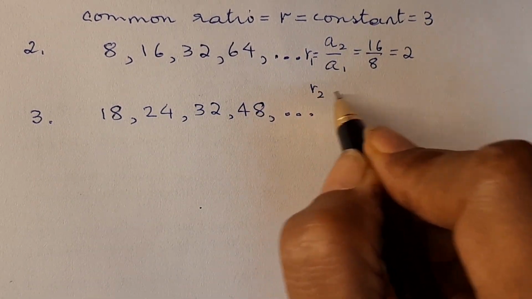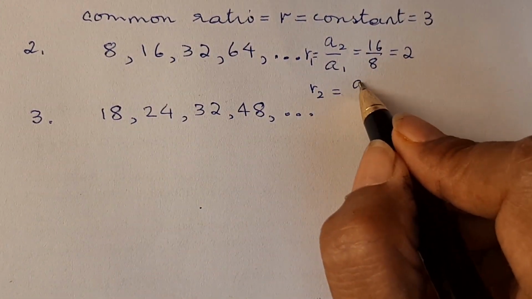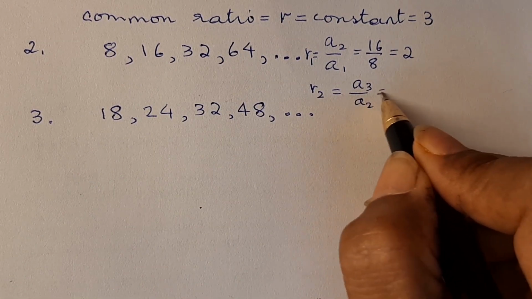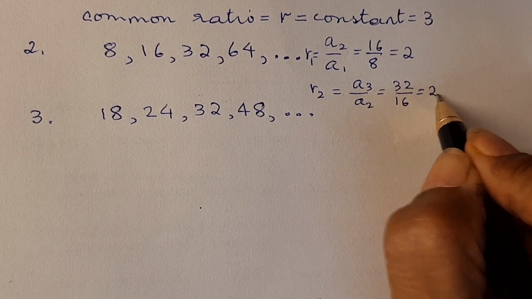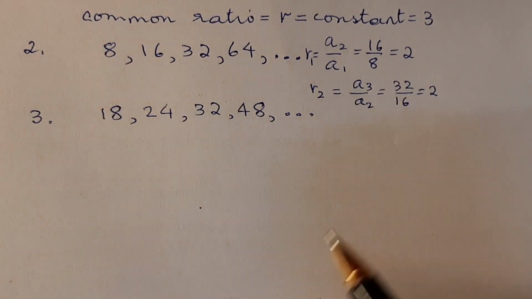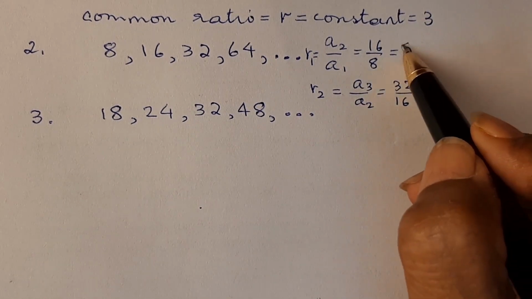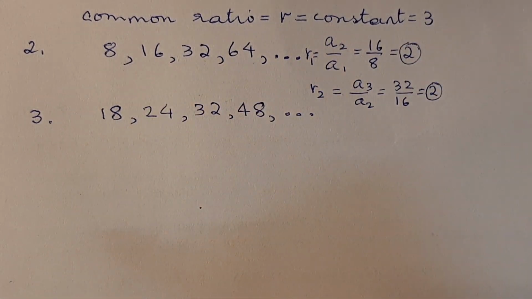Then I'll say R2 equal to A3 divided by A2, and that is 32 upon 16, which is again 2. So can you see your R1 and R2, both of them are 2, which is the same, and so we will say that this sequence is in geometric progression.